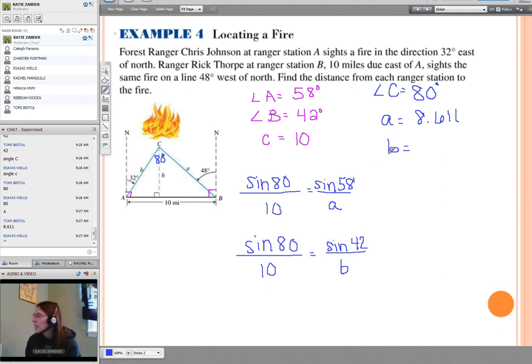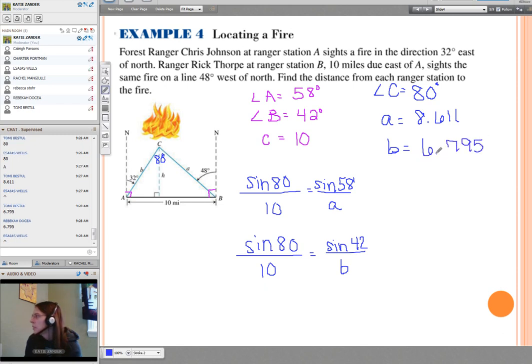And what do we get for side B? 6.795. Good, that's what I got too. All right, so we solved that triangle.